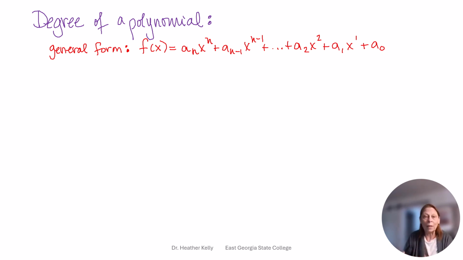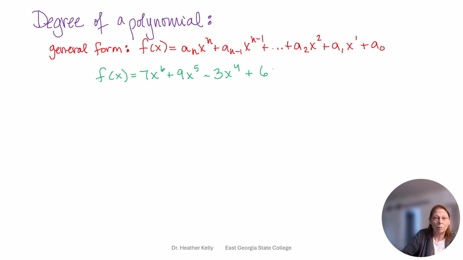So when the general form is given, for example, let me just say f of x is equal to, say this is our example here, the degree is given by the highest power of x.